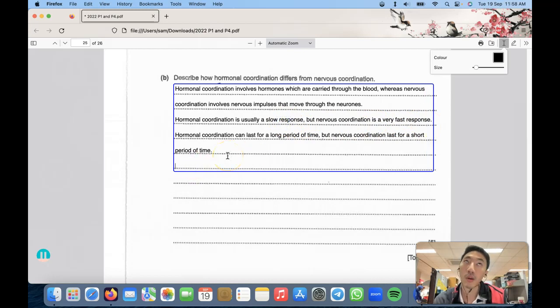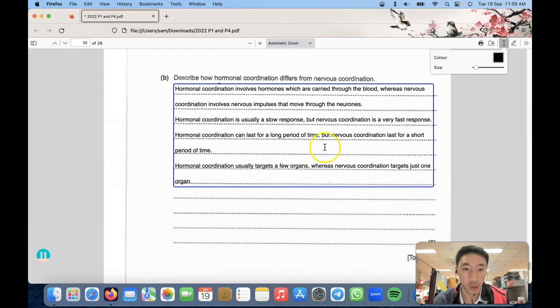Then lastly, hormonal coordination usually targets a few organs, whereas nervous coordination targets just one organ, usually.